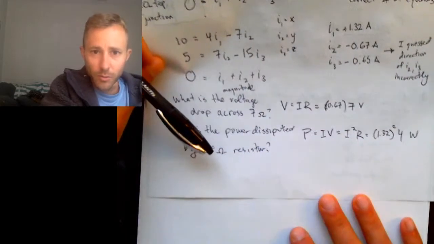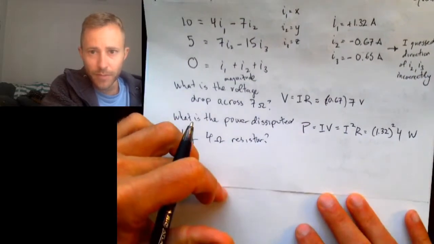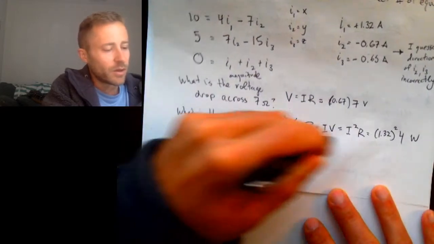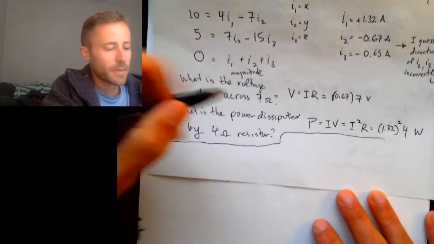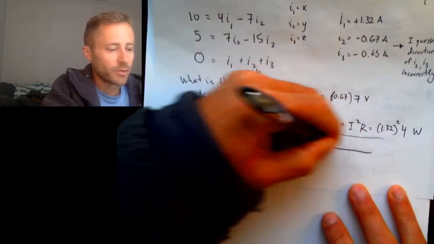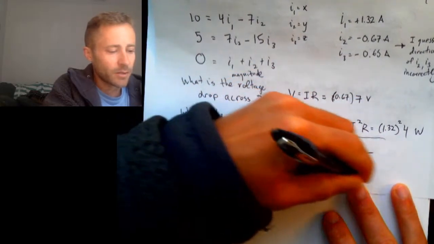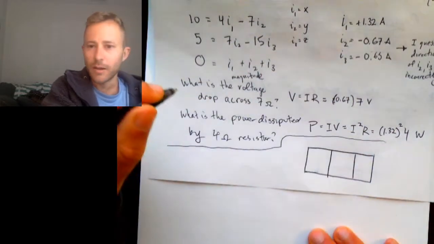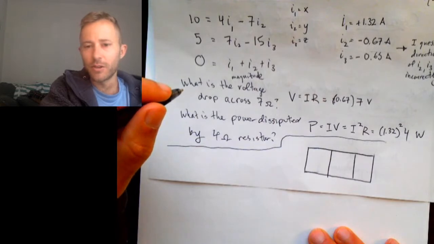Let me just walk you through one more because I'm not going to actually solve it, but I'm just going to talk about it briefly. What if I had a 3-loop circuit like this? How many different currents do you have?